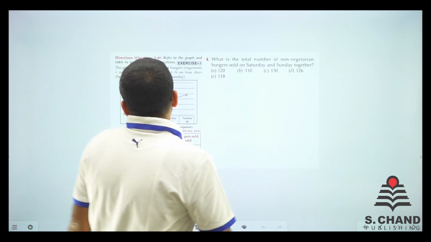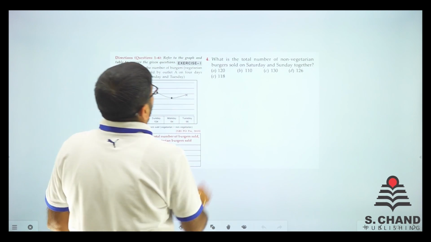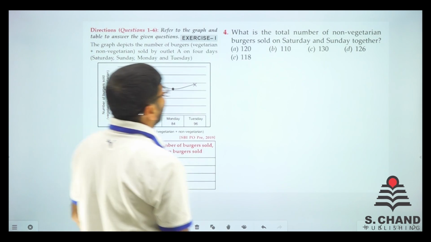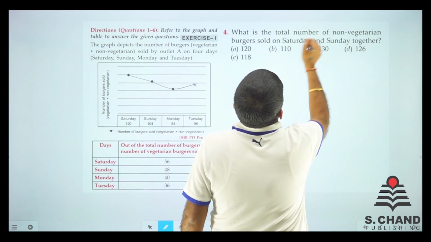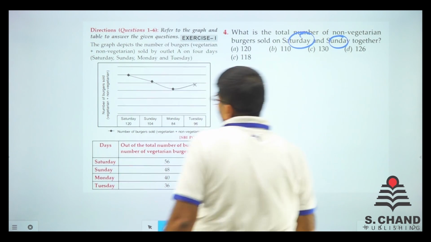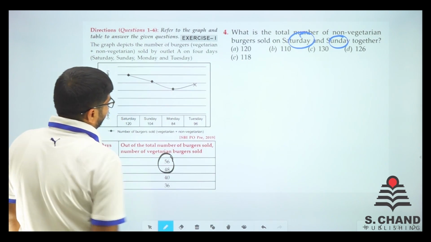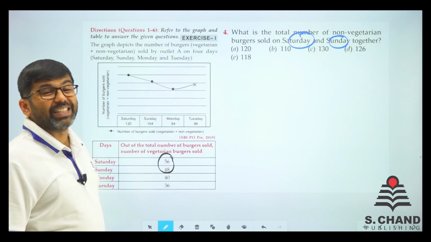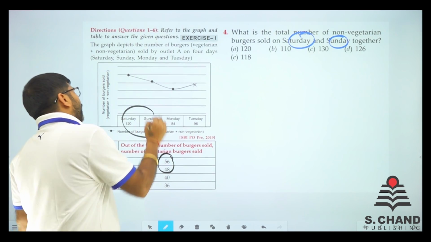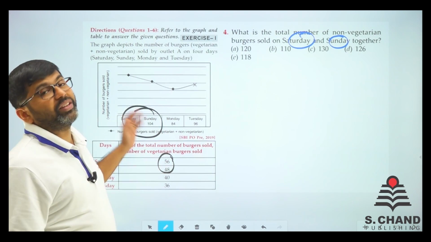Here we go, the next question. What is the total number of non-vegetarian burgers sold on Saturday and Sunday together? So Saturday and Sunday together, 56 and 48 were vegetarians, and 120 and 104 were the totals, vegetarian and non-vegetarian both.